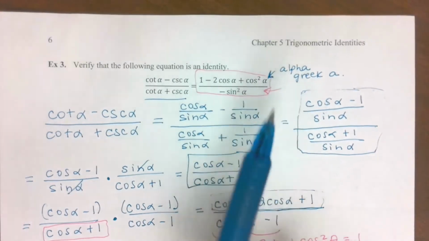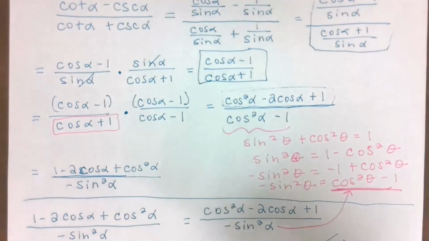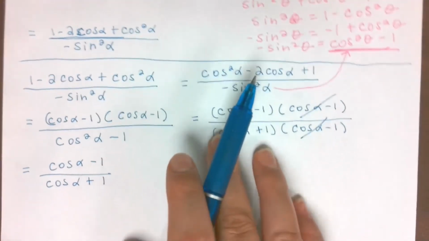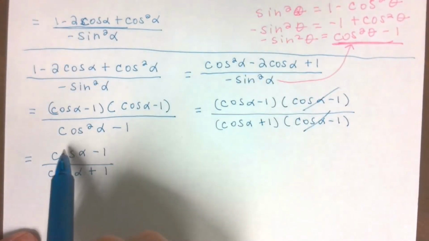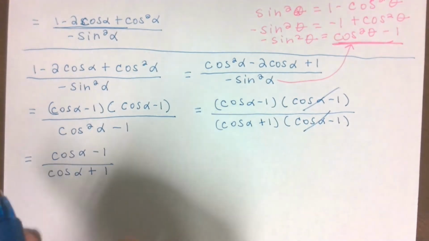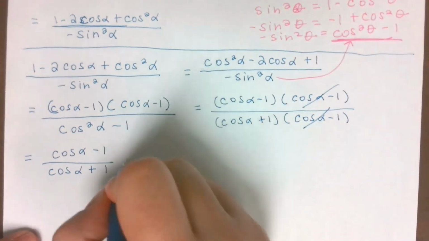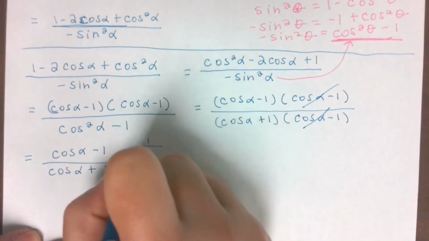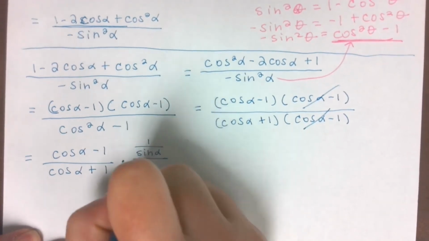What cotangent and cosecant have in common would be the sine function. If we divide cosine by sine, we get cotangent, and if we divide 1 by sine, we get cosecant. So we want to multiply the numerator and the denominator by 1 over sine alpha.